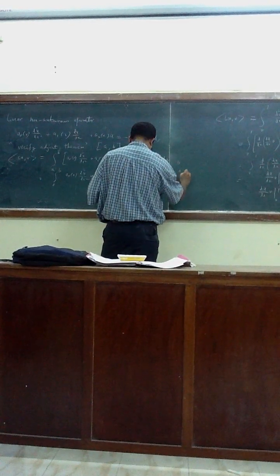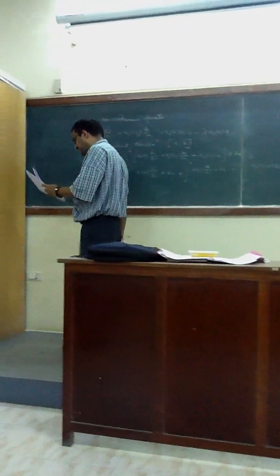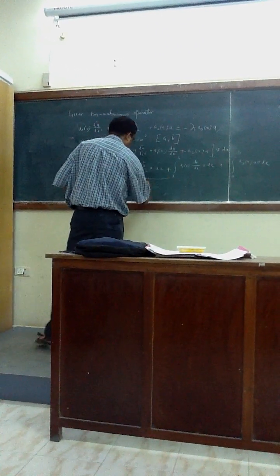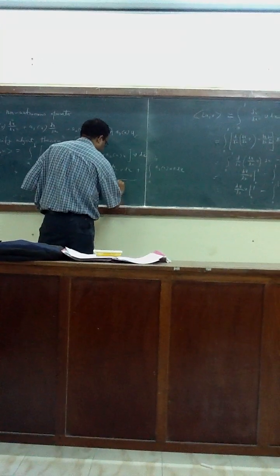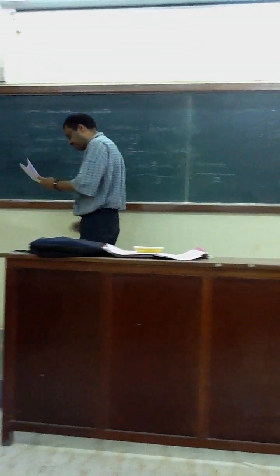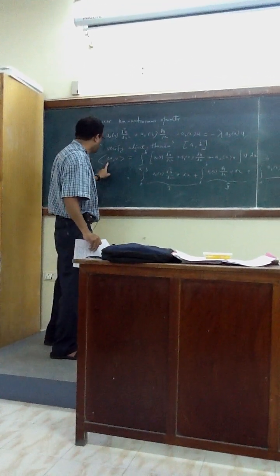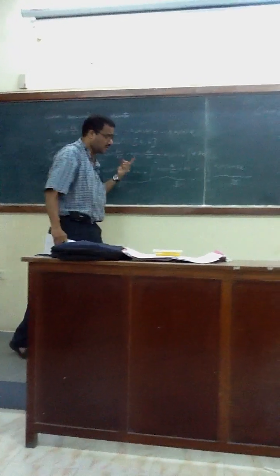That is the first term, second term, and this is the third term. Remember that we have to express in terms of u and L star v, with L star having this sort of d2 by dx square kind of term.